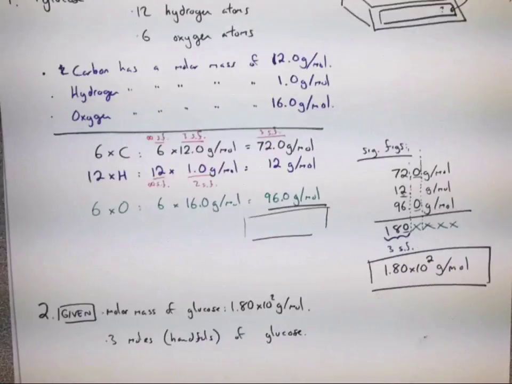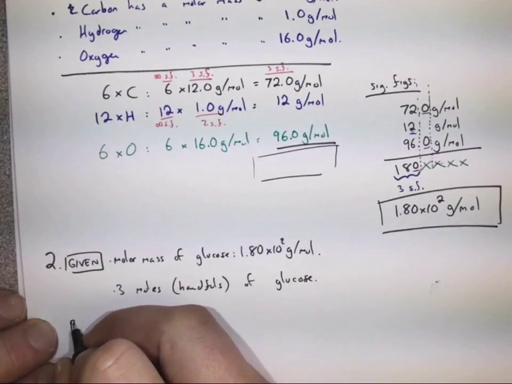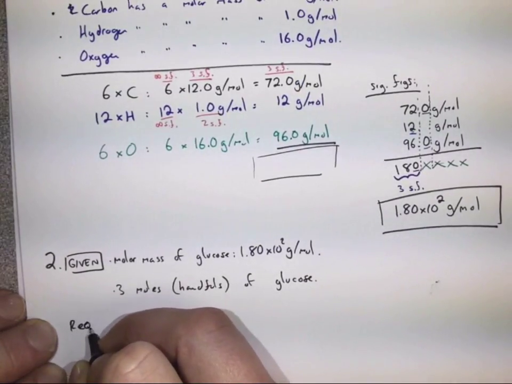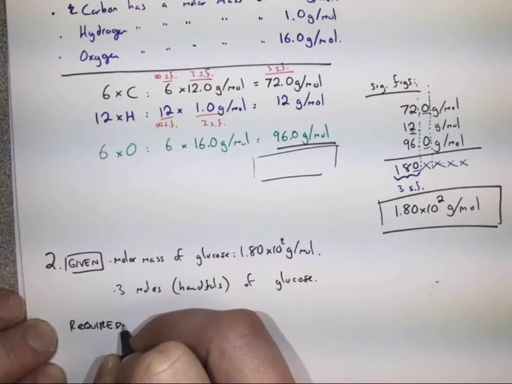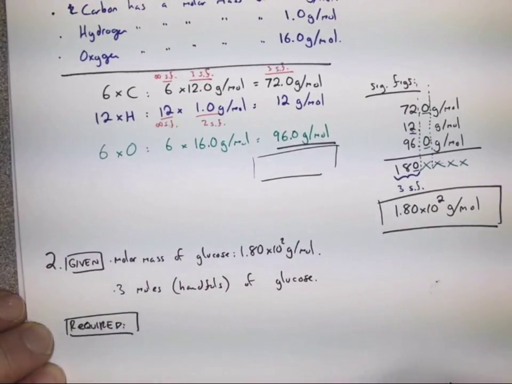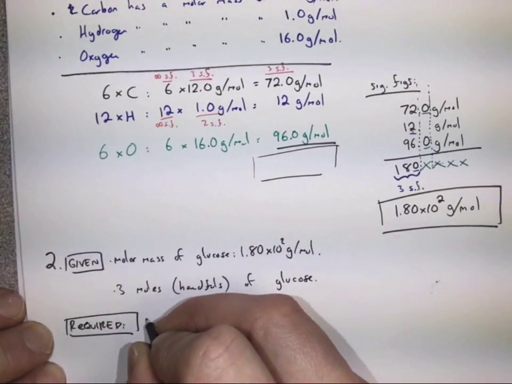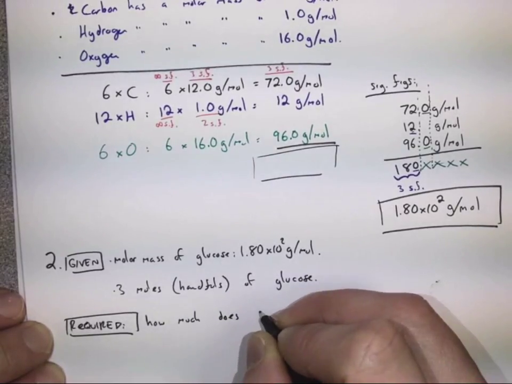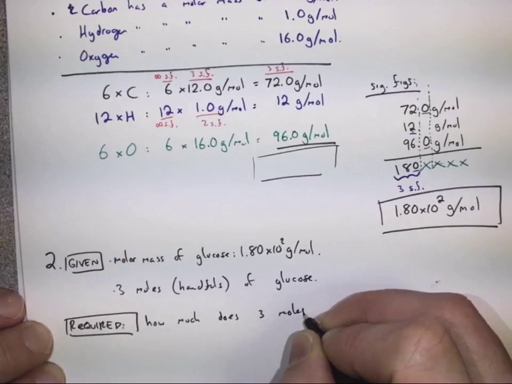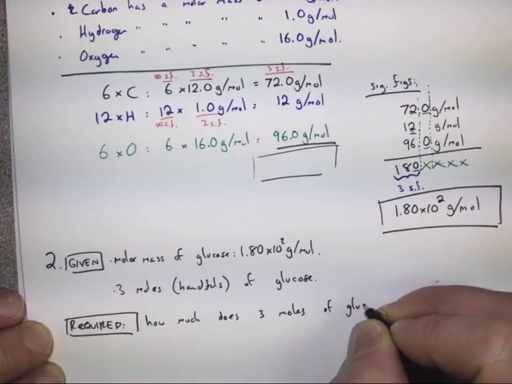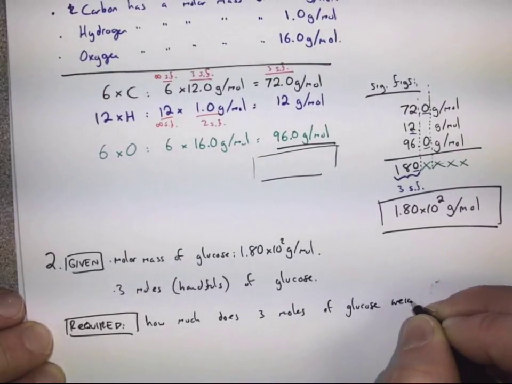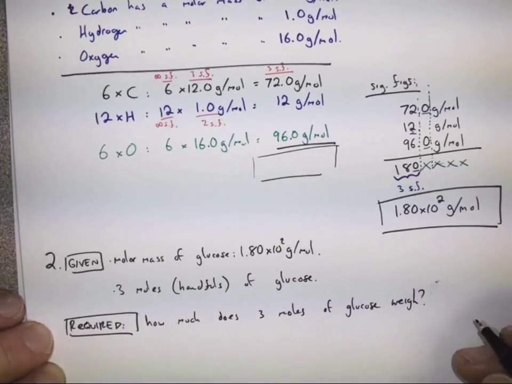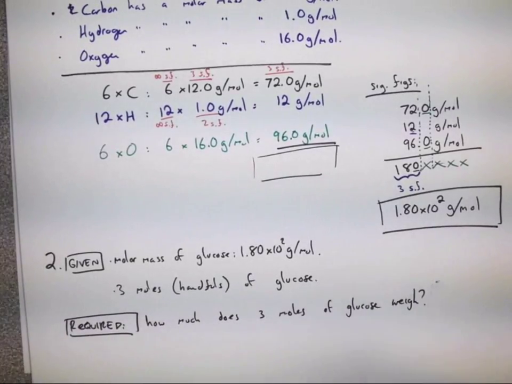What's required is the mass. So how much does 3 moles of glucose weigh? Or rather, what's its mass? But in chemistry, we get to treat those as roughly the same thing.